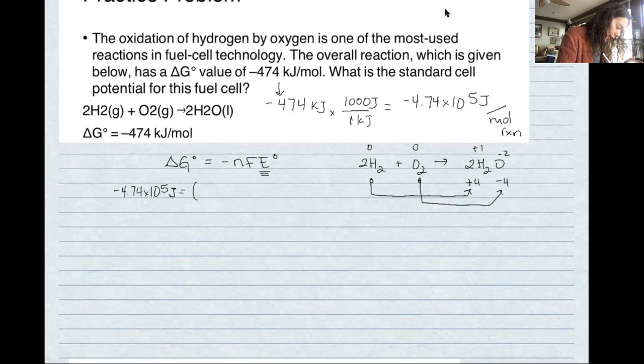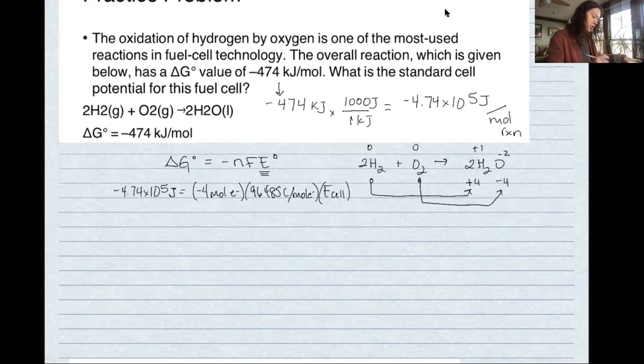So I've got negative 4 moles of electrons, Faraday 96485 coulombs per mole electrons, and then E cell here is what I'm actually solving for. It needs to be positive, it should be.